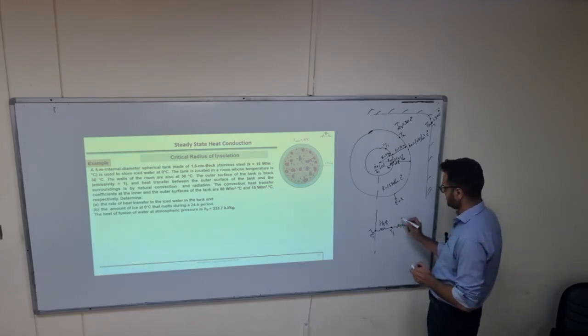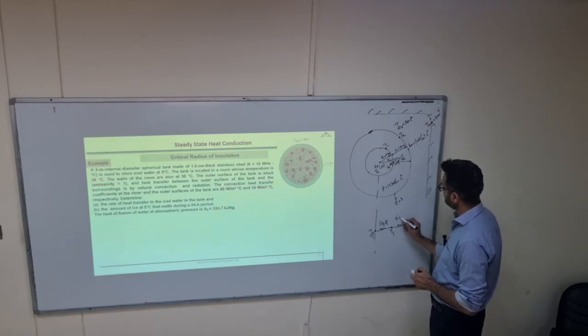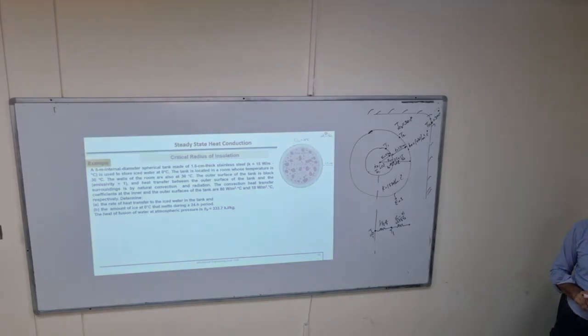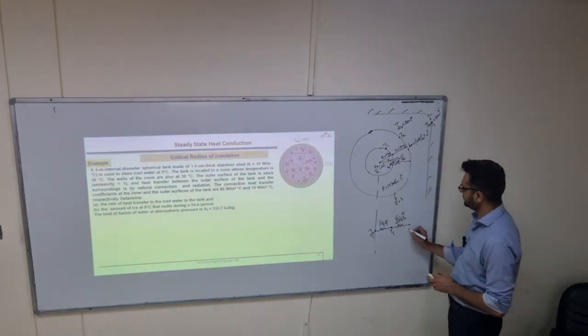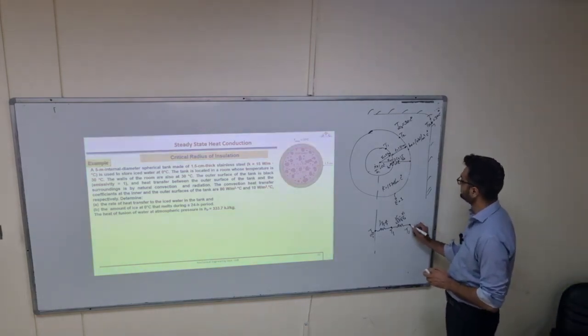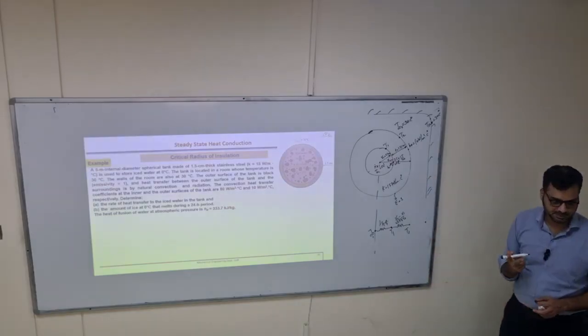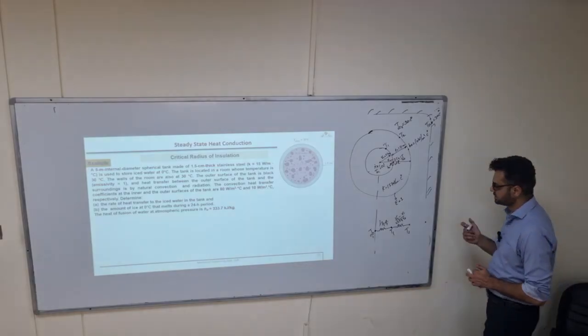For sphere, it is (R2 minus R1) divided by 4 pi k R1 R2. That is the conductive thermal resistance for spherical wall, from T1 to T2. Okay, next, T infinity 2, but how many resistances from here to here? Yes, 2 resistances in parallel.